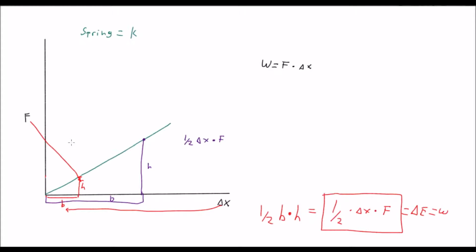So let's put some numbers into this. Let's say at this point right here, and I'm going to put this in black just to make it simple, we move the spring 25 centimeters, and we'll say I had to use 10 newtons of force. Let's make the numbers easy.